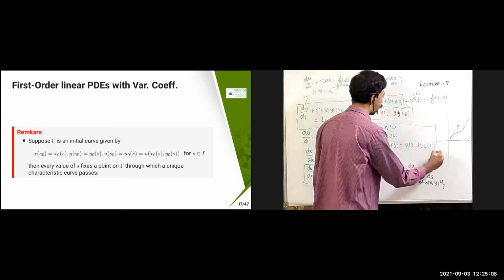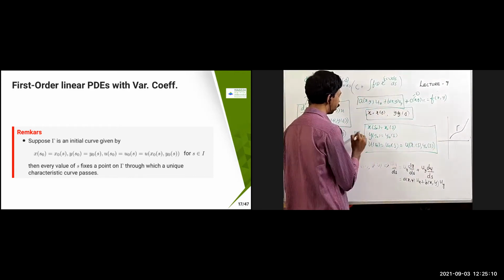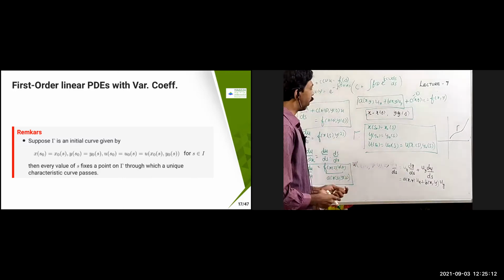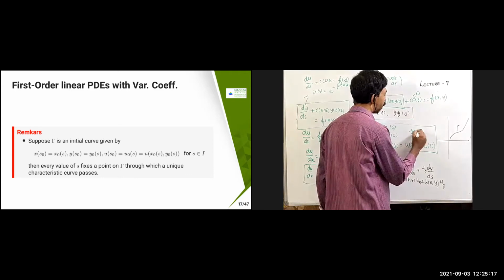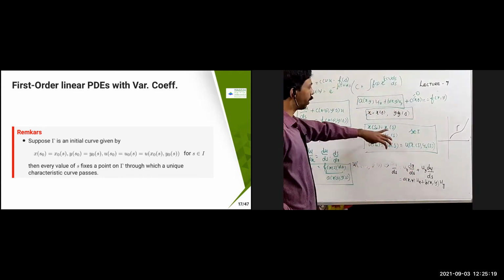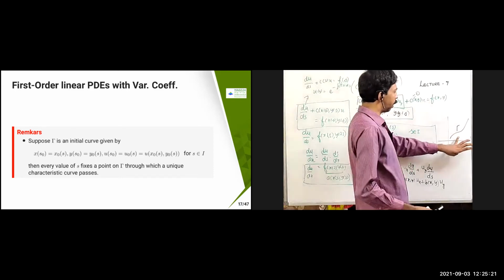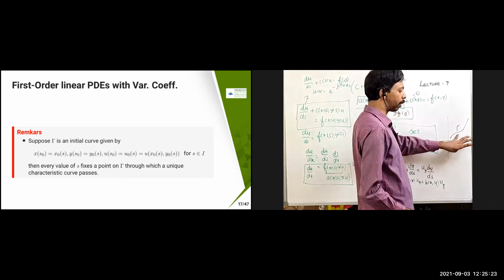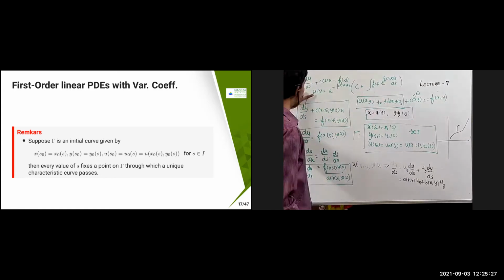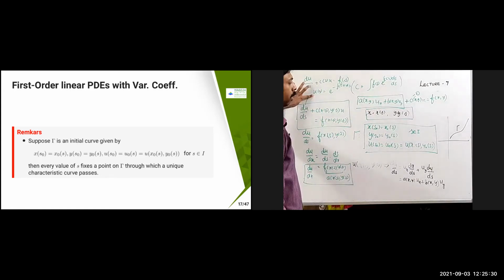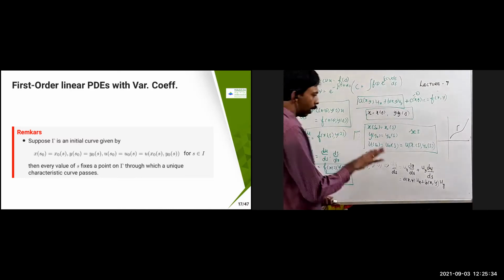Then for every value of s in I, it fixes a point in this curve gamma, through which a unique characteristic curve passes. This one we are going to prove using the quasi-linear PDE. This is the idea behind that.